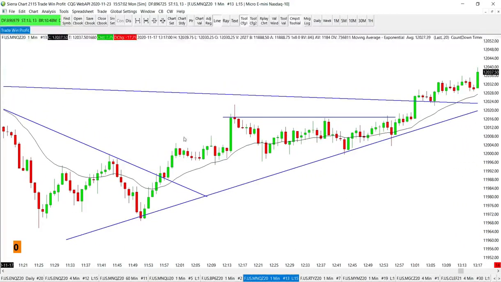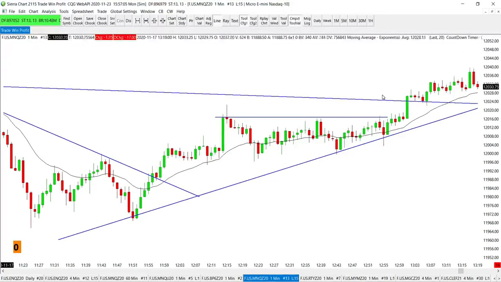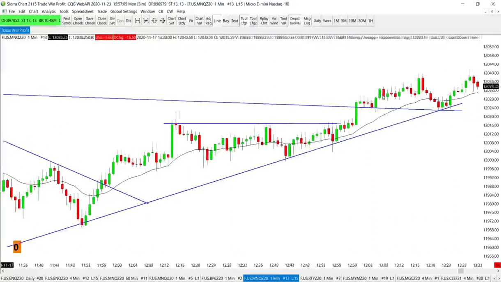We have a break, it pulls back, it's going up in stairs, and that's what we want because it's easier to predict. So we have up move, down, up, down, up, down, up, down. So that's what we really want when it comes to a trend line break.